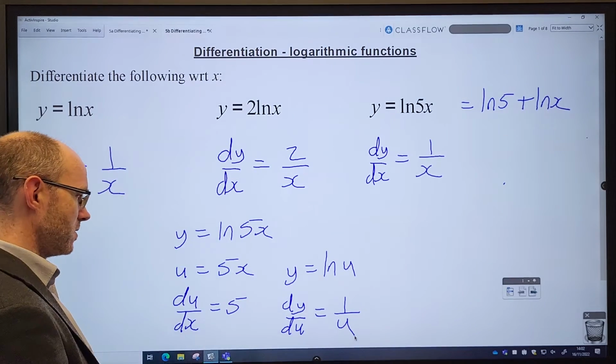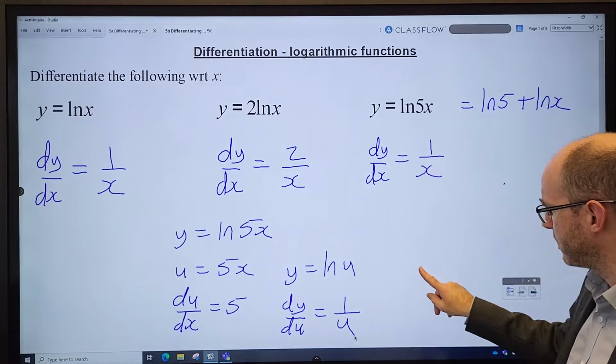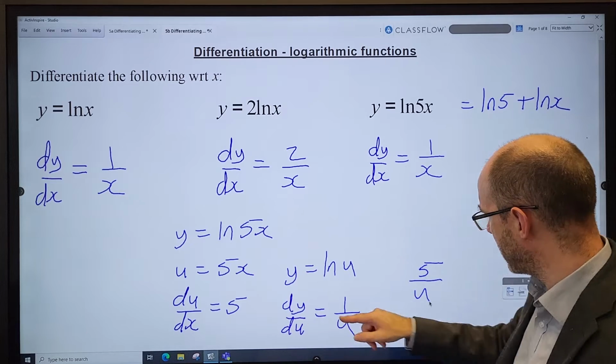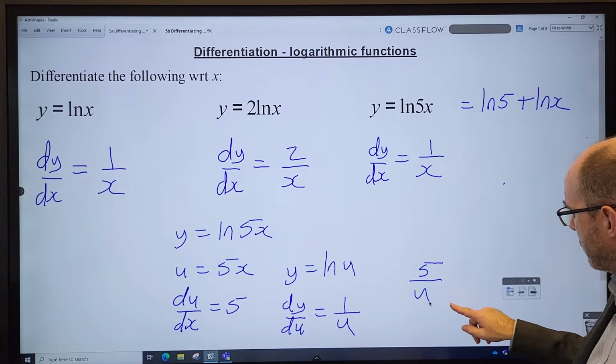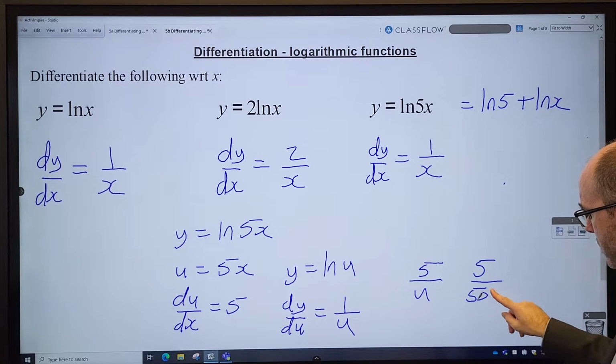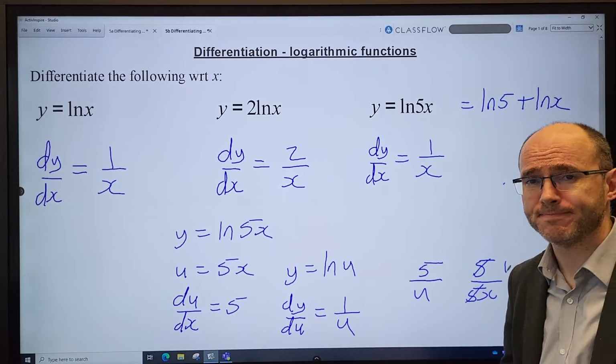Multiply them together, dy du times du dx, you're going to get 5 over u, which of course is the same as 5 over 5x, where the 5's cancel, you're left with 1 over x. So 1 over x.